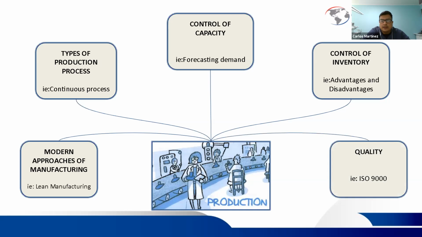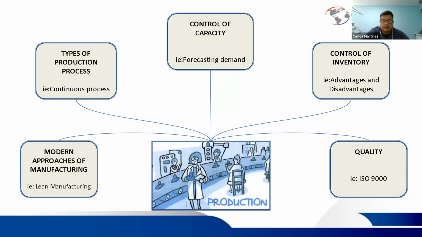And finally, things referred to quality, for example, ISO 9000 evaluation or certification. So it's important for us to know these five aspects of what is related to production.